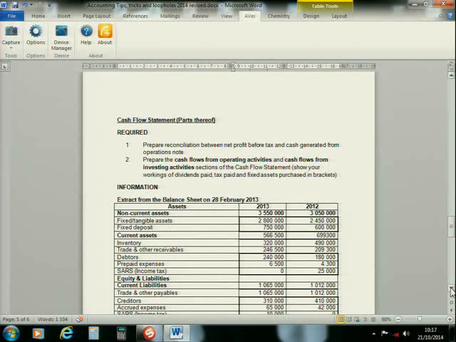An increase in your liabilities means an increase in cash. You don't need to put the amount in brackets. But a decrease in your loan, in your trade and other payables, in any liability for that matter, it means a decrease in cash, and you therefore need to put this in brackets.